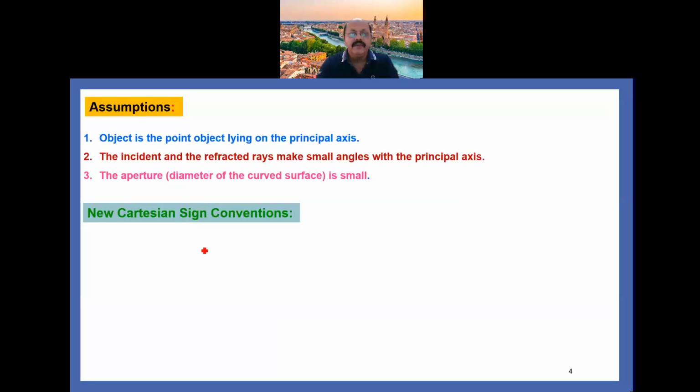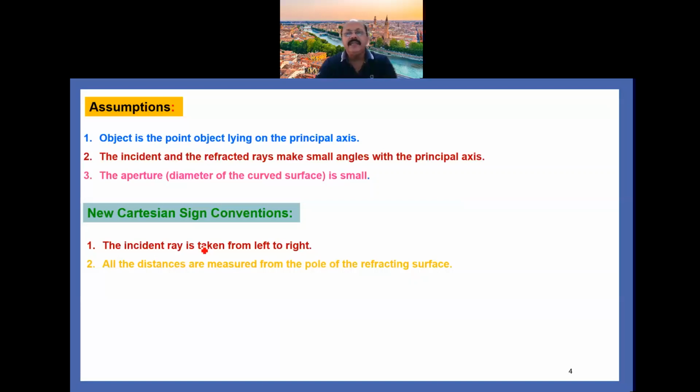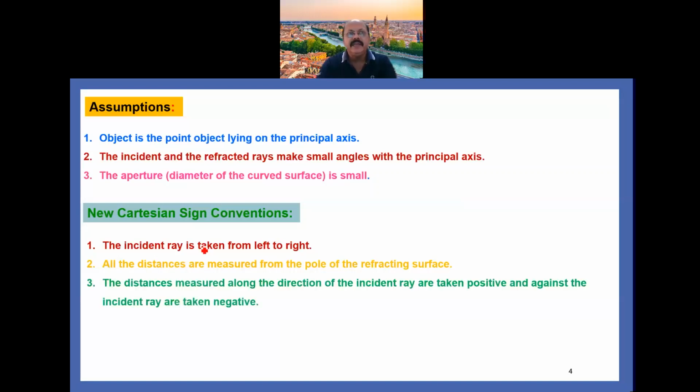Now before deriving we must know the sign conventions. The first one is the incident ray is taken from left to right. It means the object is placed on the left side. Second one is all the distances are measured from the pole of the refracting surface. You remember it. Third one is the distances measured along the direction of incident ray are taken as positive and against the incident ray are taken as negative.